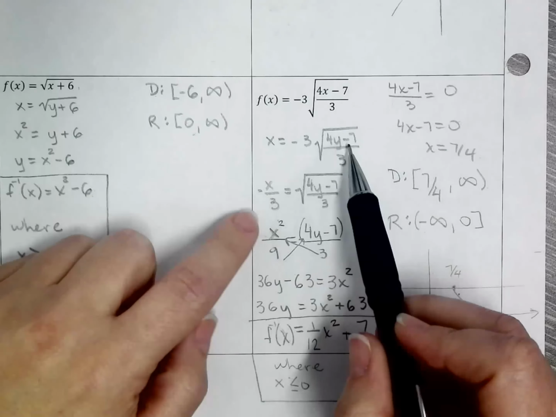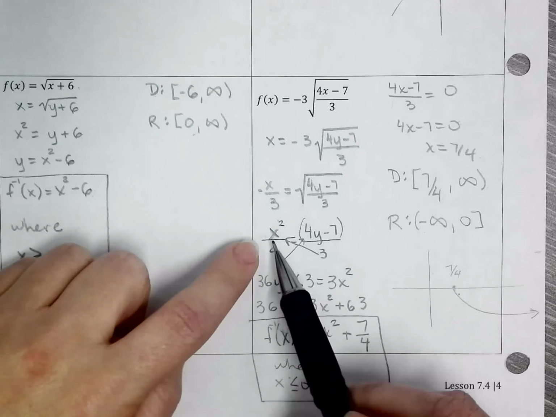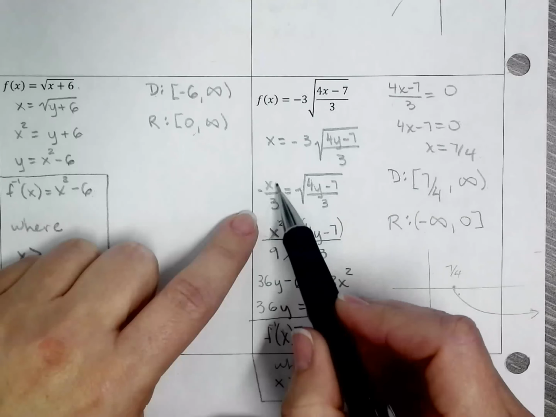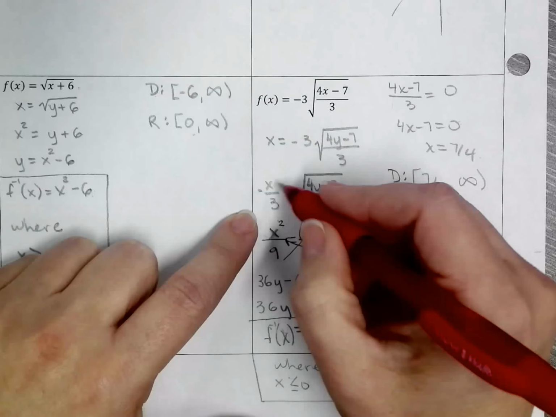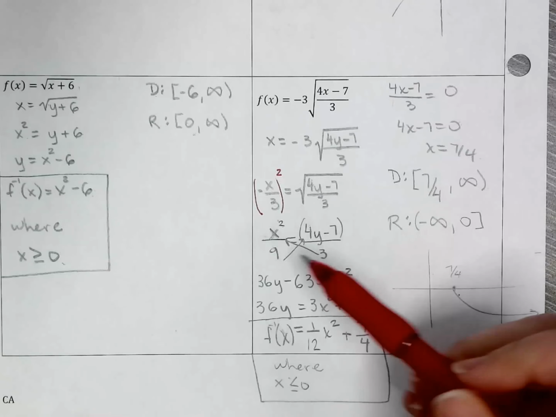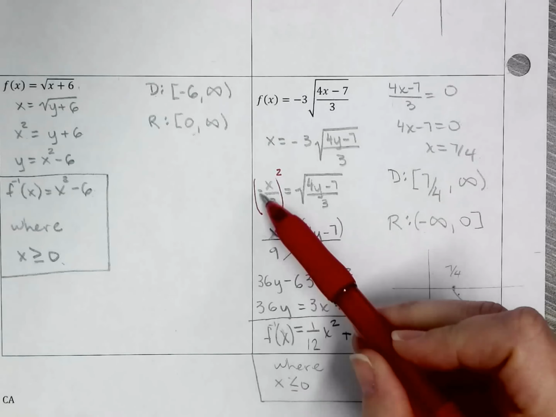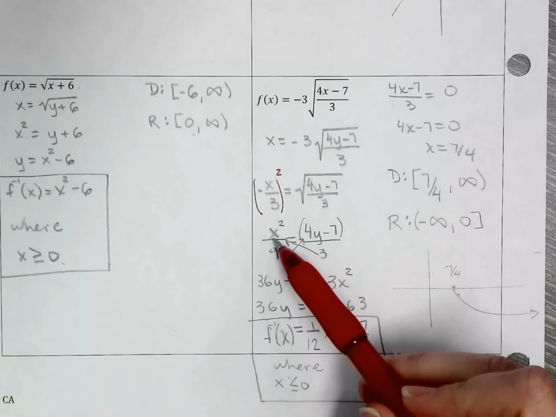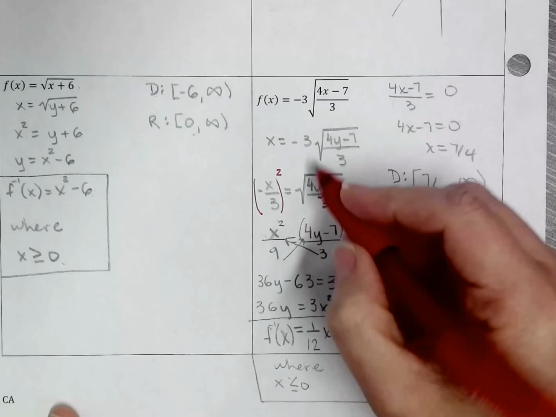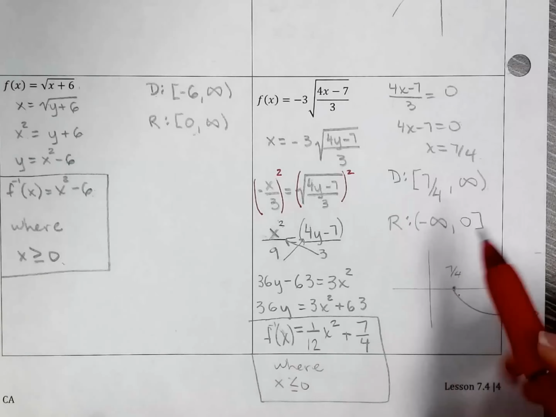So switch x and y. You divide by negative 3. You raise both sides to the power of 2. At this point, when I was raising this side, you have to raise everything on that side. So not only the negative, but the x and also the 3. When you raise a negative, that makes positive, and then 3 squared is 9. And then when you raise this side over here, they're going to get rid of the square root, so that's nice.